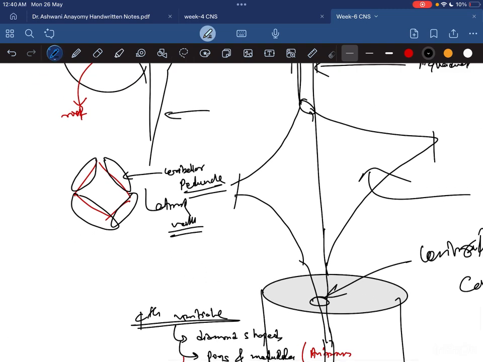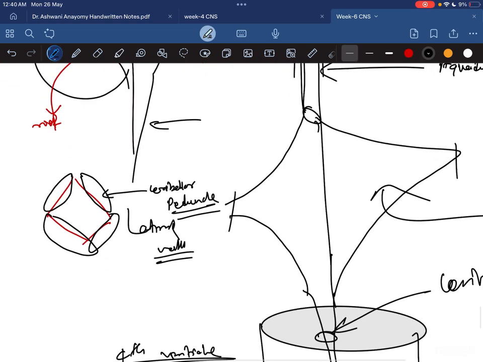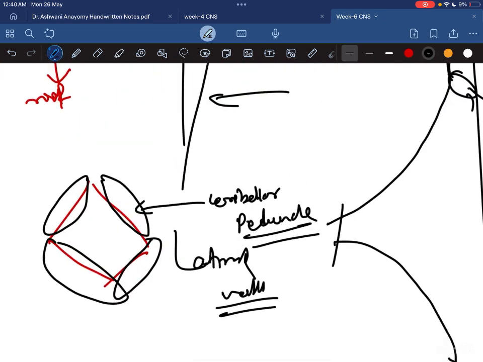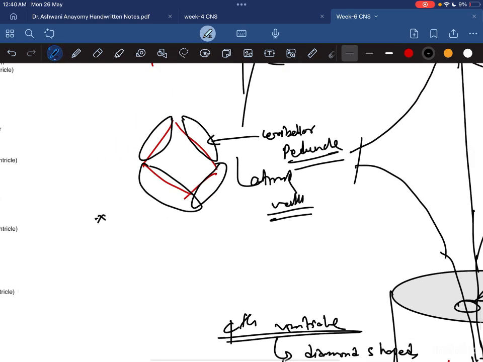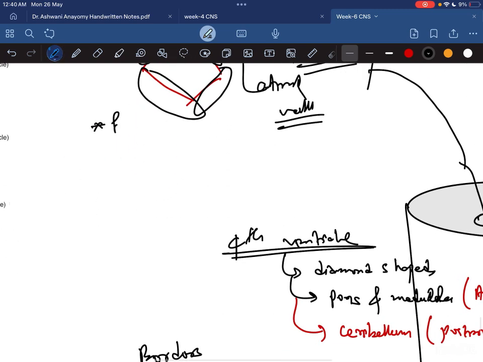So there is the opening in the median aperture. When you look at the fourth ventricle, there are openings, known as the foramen of Magendie.